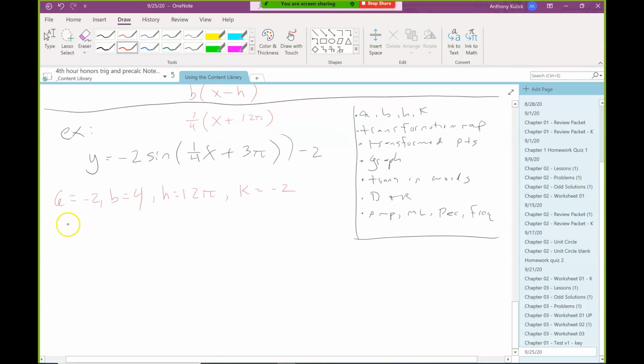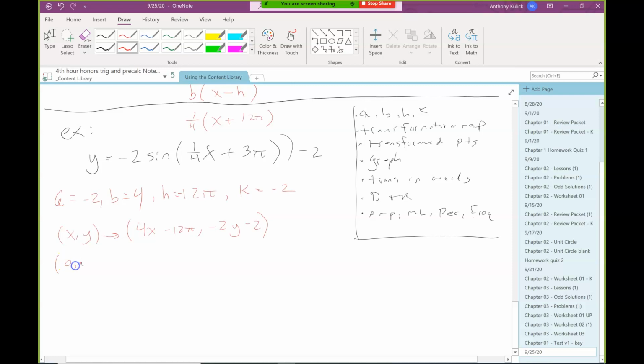All right, so let's rip through the rest of this, huh? So our transformation map then becomes 4x, oops, that's a minus 12 pi, excuse me, minus 12 pi, and then -2y minus 2.